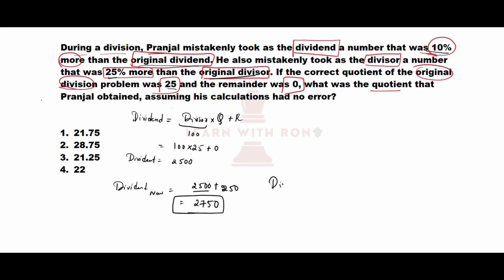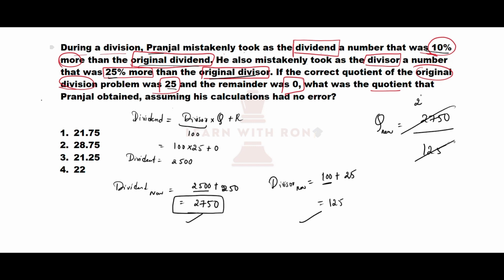So the new divisor equals 100 plus 25% of 100, which is 25, so the new divisor is 125. We know the dividend, we know the divisor, we need the new quotient. So 2750 divided by 125. 125 times 2 is 250, you remain with 25 and 0 again, 250. 125 times 2 is 250. So our quotient is 22, which is option number 4 here.